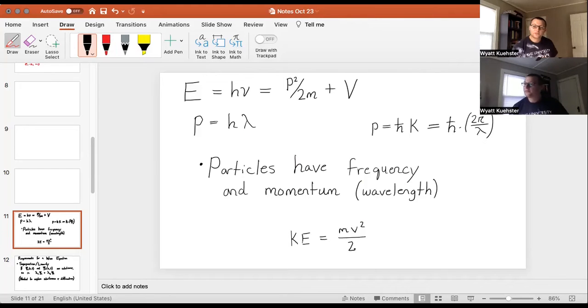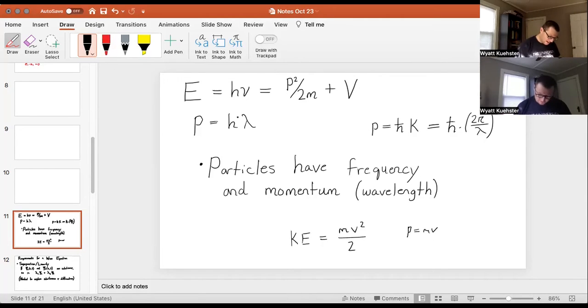And then the momentum is p equals mv. And so surely mv squared over 2 equals p squared over 2m. So the kinetic energy is p squared over 2m, right? That's just totally classical physics. And then we have the potential energy V. This is what's going to change based on the scenario we're in.